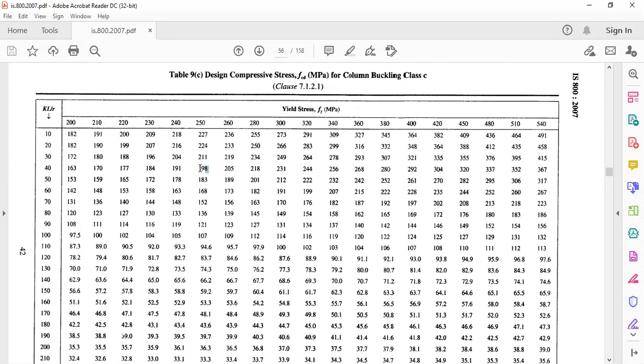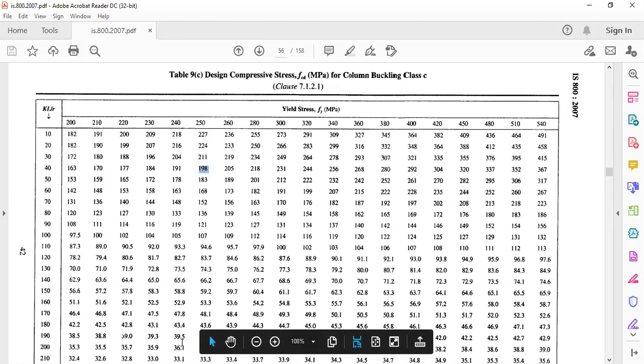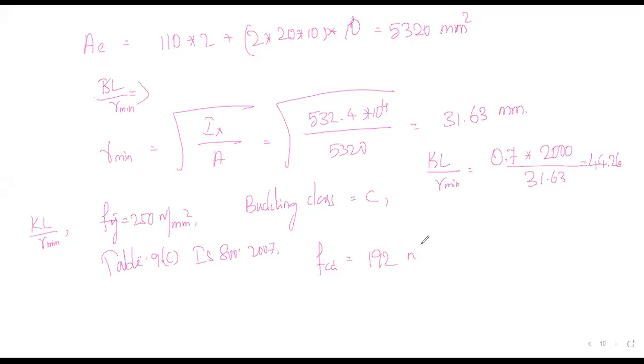It lies between 198 and 183, so we are going to take approximately 192. After doing that process, we get FCD as 192 Newton per mm square.